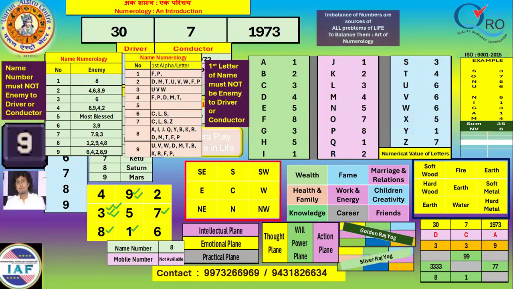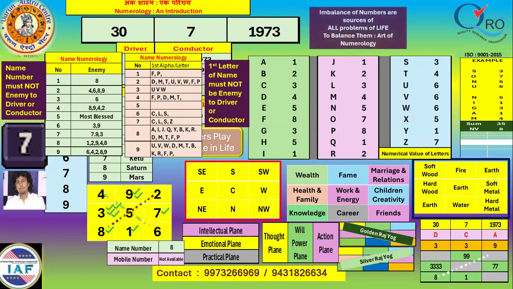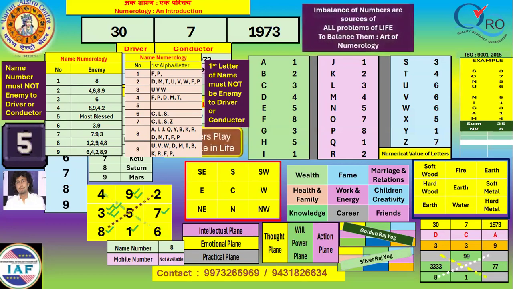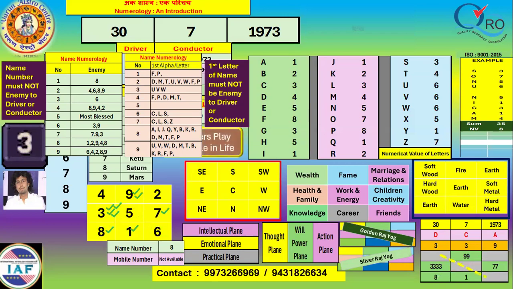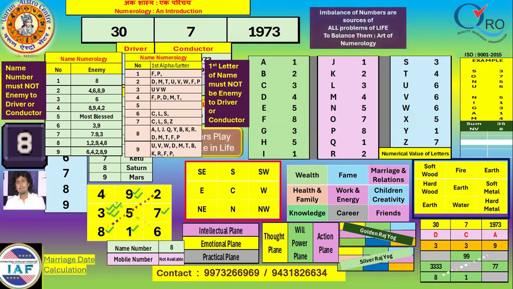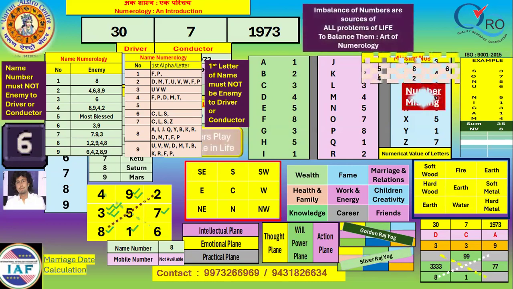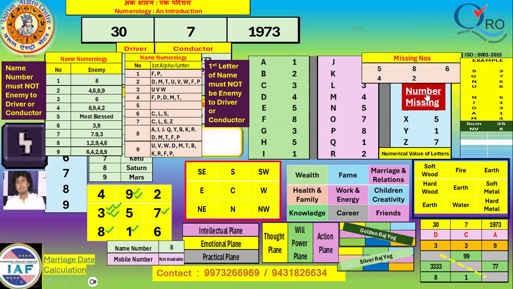So his angel number, name number, etc., none should be inimical to the prime number or conductor number of the native. In this way it is analyzed. Now we will look into the impact of the missing numbers.